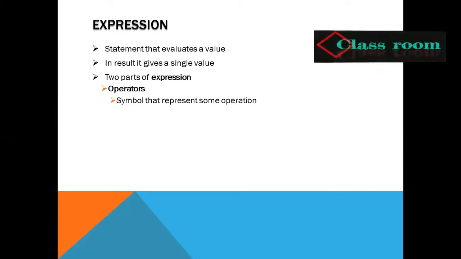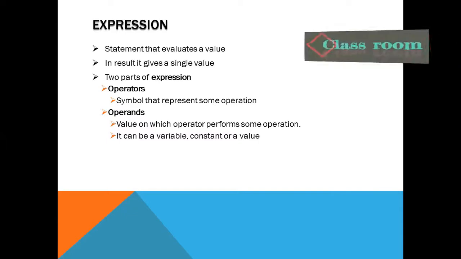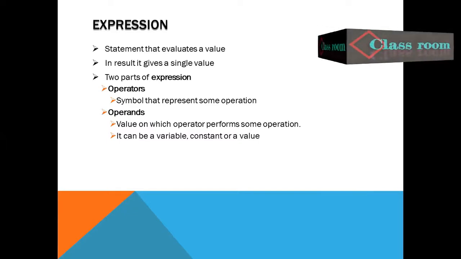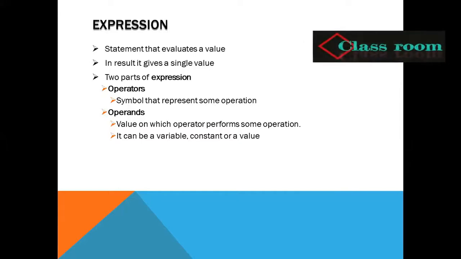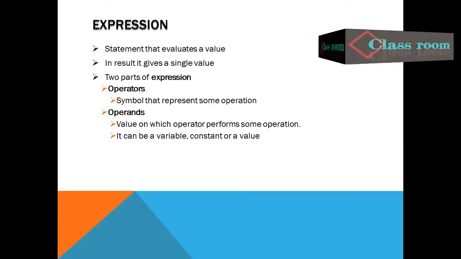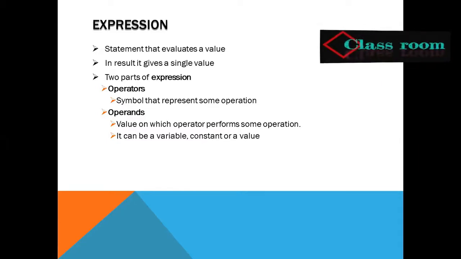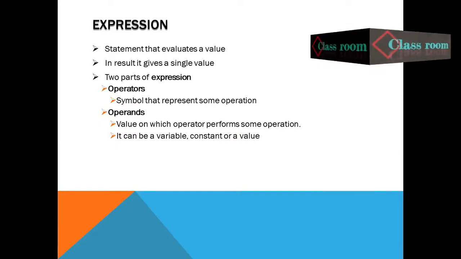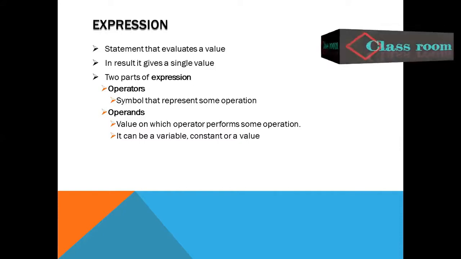The first part is operators, and the second part of an expression is operands. An operand is the value on which these operators perform the operation. The operation can be of any kind. It can be a logical operation, it can be an arithmetic operation, it can be a unary or binary operator.